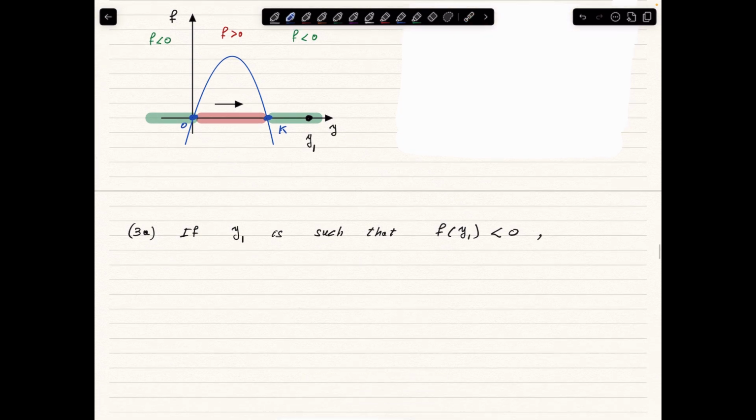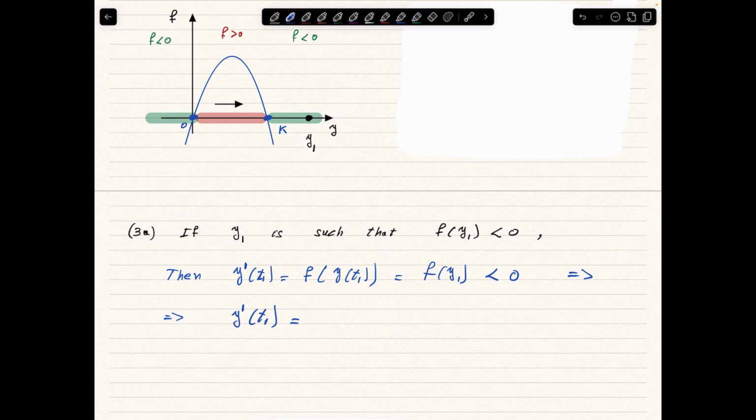Then what happens? Recall, we are evaluating a solution. So what happens with the derivative of that solution at that time t1? Well, because it's a solution, it has to be the value of f evaluated at y of t1, which is f at y1. But we are assuming that y1 is such that this is negative, which means that the solution evaluated at that value of t1 is a solution with negative derivative.